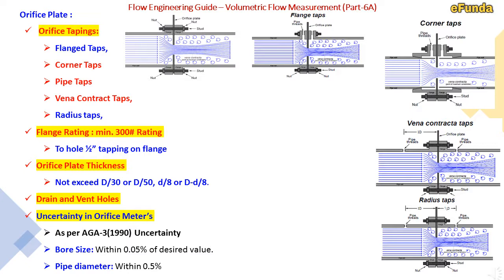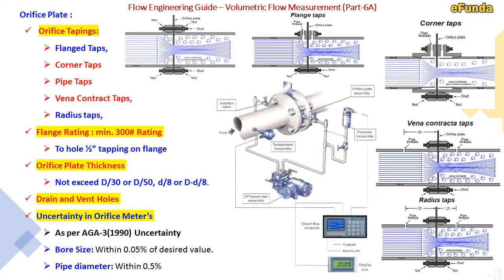These uncertainty figures are considered in orifice meter measurement, and this is how we can conclude that the orifice meter is used for installation in a pipe with various tappings and connected with the tappings to the transmitter to get the differential pressure measurement and transfer the data remotely to the control room with the wiring, and we get the required reading on the display.